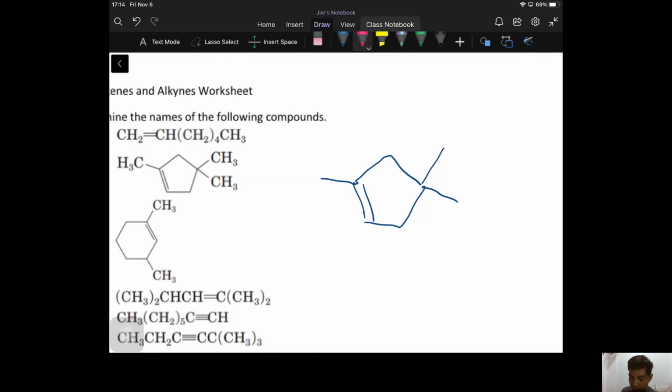Okay, so let's try this one. Ano pangalan yan? Okay, so kailangan, kapag magna-number tayo ng ring, ang 1 and 2, nasa gitna nila, yung double bond. Okay, so pwedeng ganito, 1, 2, 3, 4, 5. Pwede rin naman ganito. Blue rin pala yan.